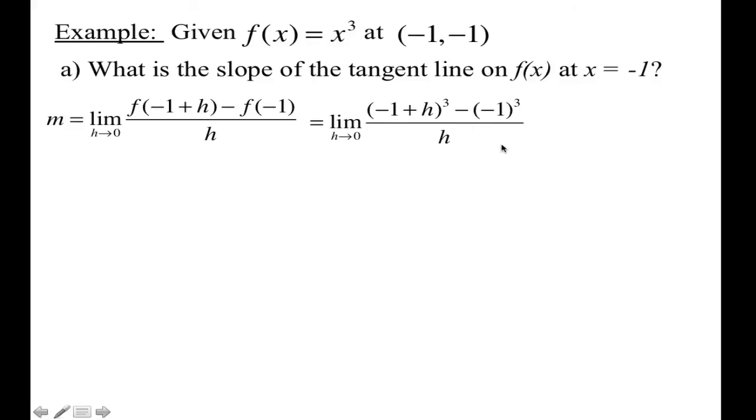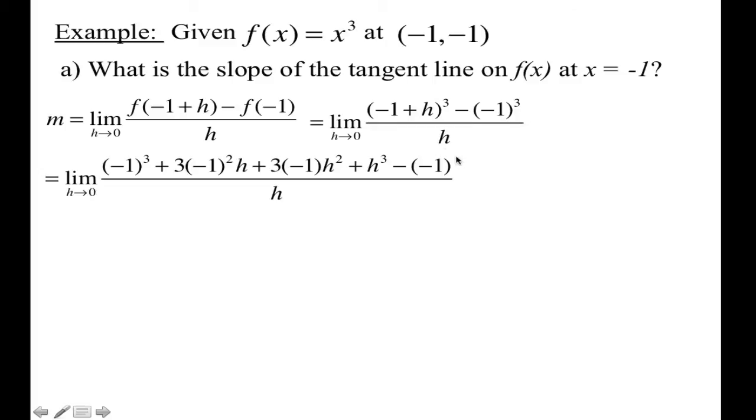So now I'm going to have to simplify. I'm going to have to expand the -1 plus h cubed, and the negatives will cancel here. Using Pascal's triangle, that's how I expanded. And then after some simplifying, I now have this. And I can go ahead and cancel some stuff, so I can see that the 1's cancel.